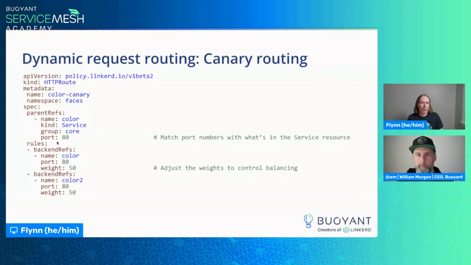You need to be careful to match up the port numbers with the ones that are defined in the service resource, but then you get to do things like say, so traffic coming into my color service, I want you to split it 50-50 between the pods belonging to the color service and the pods belonging to the color 2 service. So this would be a really simple 50-50 split between 2 different versions of hopefully the same service.